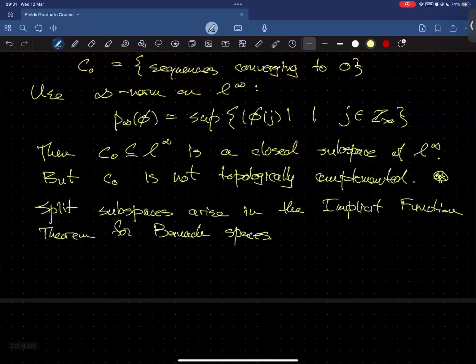The implicit function theorem has to do with solving equations, and I'm going to give you just a very narrow version of this.